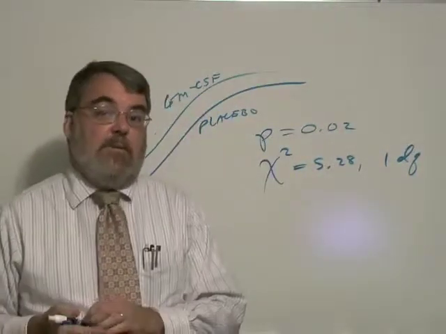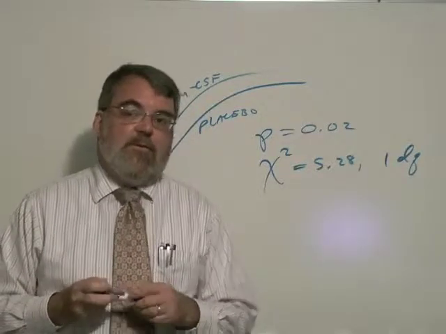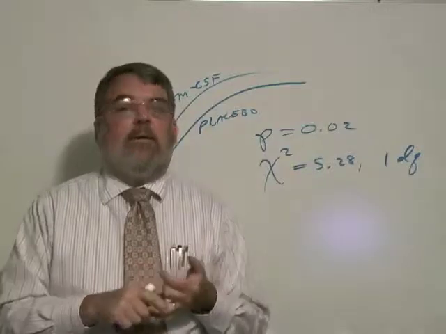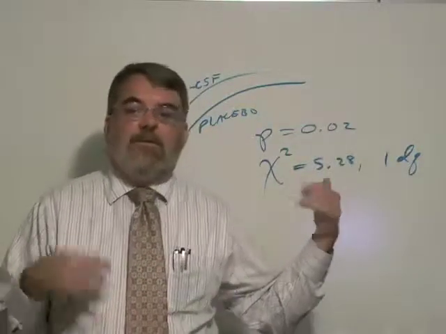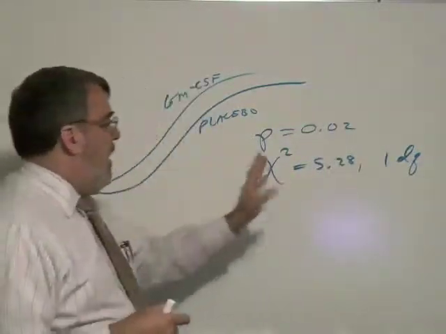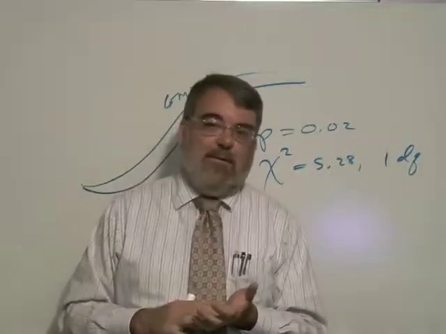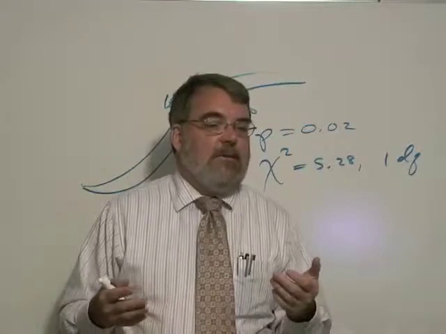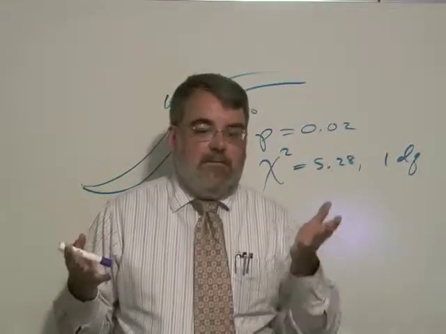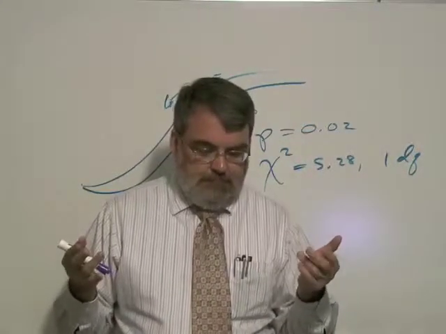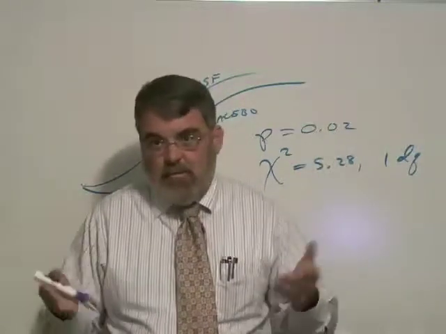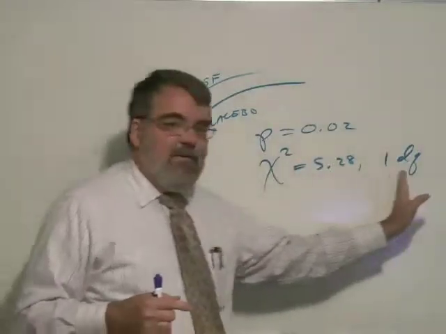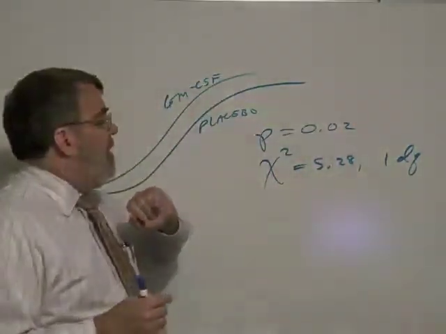I'll touch on it in chapter 9 at the very end of the course, but by the time you learn chapter 10 and 11, chapter 9 is just more redundancy. But chi-square is a type of statistical distribution, and that compares actually two categorical variables together. This will make more sense when we talk about it in later chapters. So let's not worry about chi-squared, 1 degree of freedom, what that means right now.